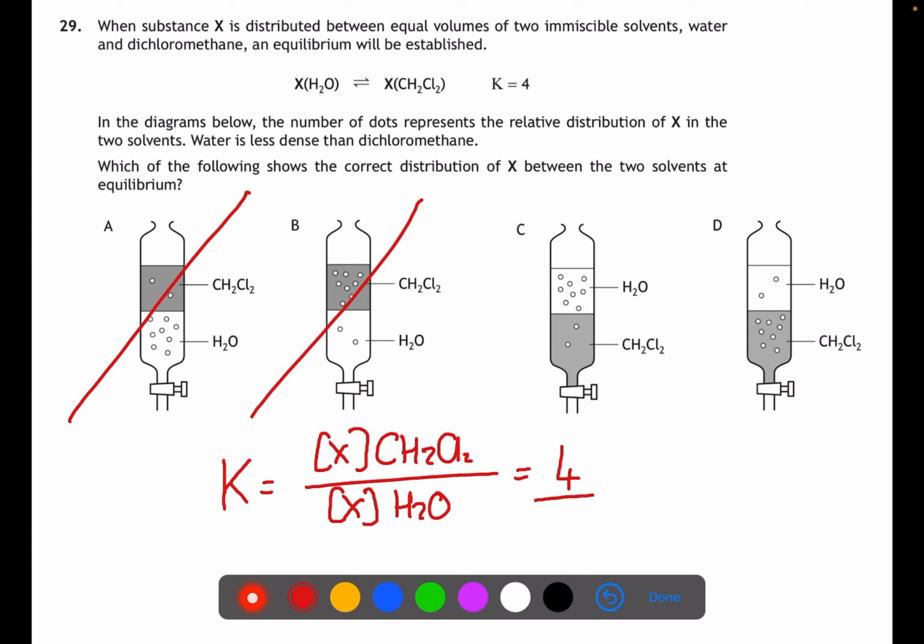This is equivalent to 4 over 1, which means we'll have more X within the dichloromethane than we do within the water. If we have a look at each of these diagrams, then we can see in C we have more of the X in water than dichloromethane, whereas in D it's the opposite way round. Therefore D is our final answer.